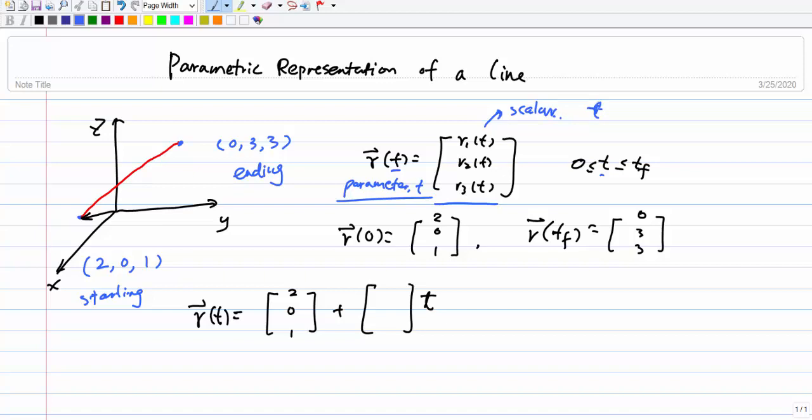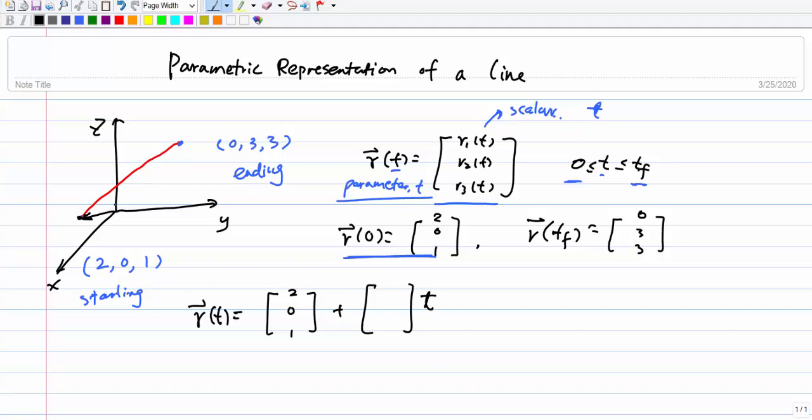The idea is, assuming that t starts from 0 and goes to some final time tf. When t is 0, we will find a vector that is just the starting point of the line. So if t is 0, I want this vector to be exactly the starting point, which is (2, 1, 0).